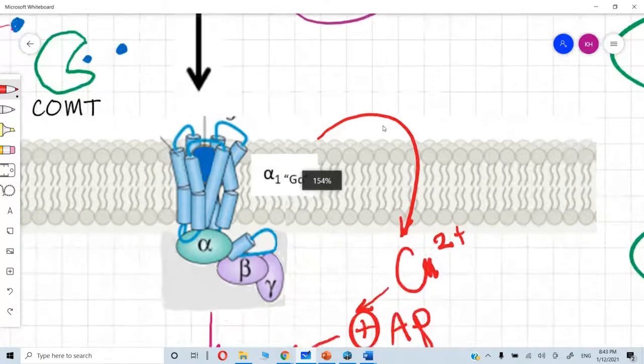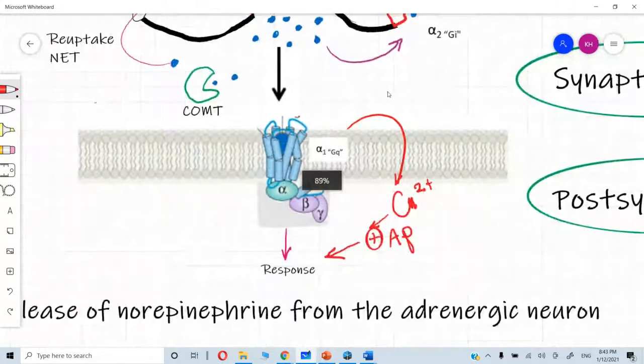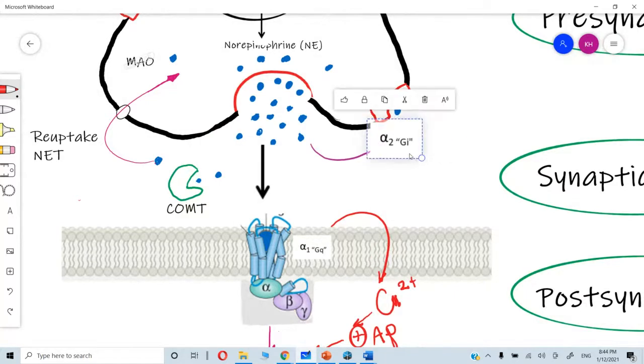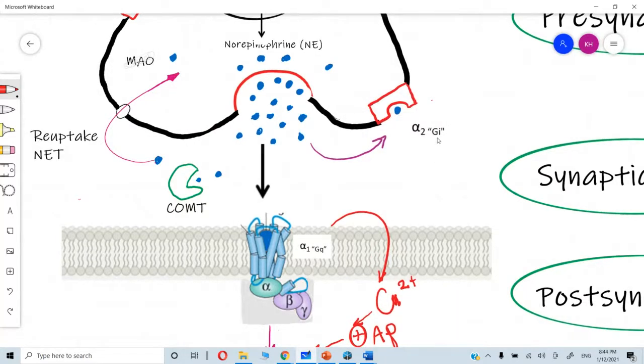Moving a little bit up, the alpha-2 receptor works through binding to the Gi protein, the G inhibitory protein. This leads to decreased levels of cyclic AMP and an inhibitory effect.